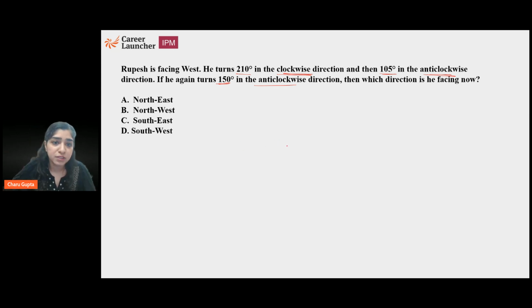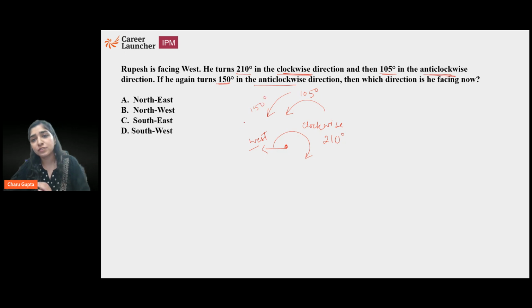So why does it become easy? Let's say Rupesh is standing at this point facing in the west. Okay. So now first he moved 210 degrees in clockwise direction. This is clockwise. And he moved 210 degrees. Then he moves in the anti-clockwise direction 105 degrees. And then he again moves in the anti-clockwise direction with 150 degrees. Now you have to do one simple thing: associate clockwise direction with plus sign and associate anti-clockwise with negative sign.